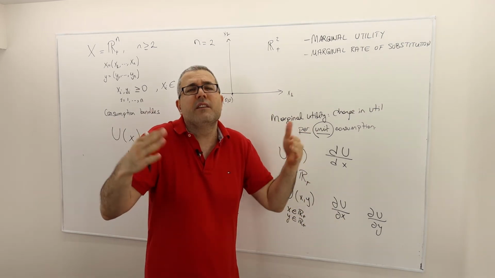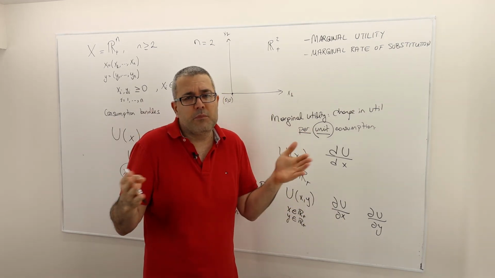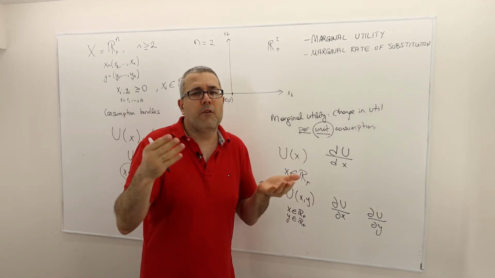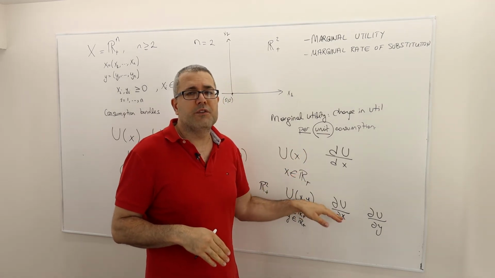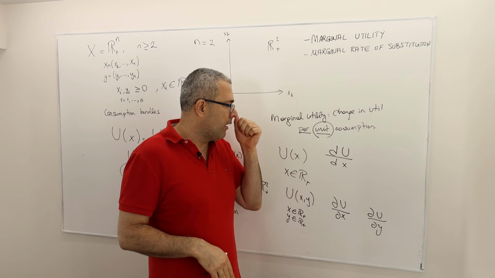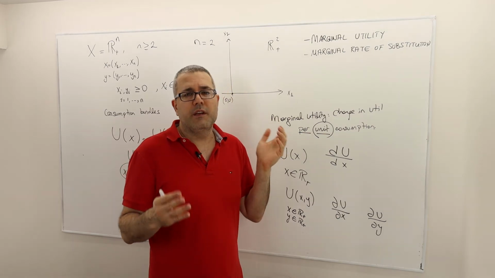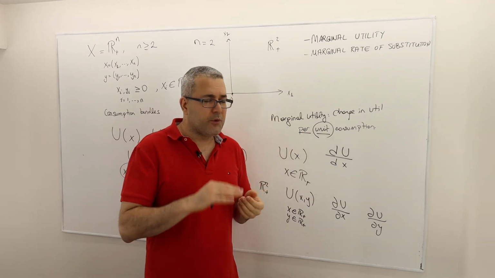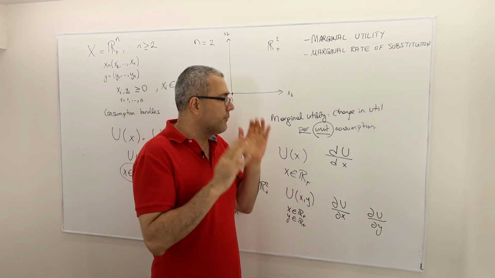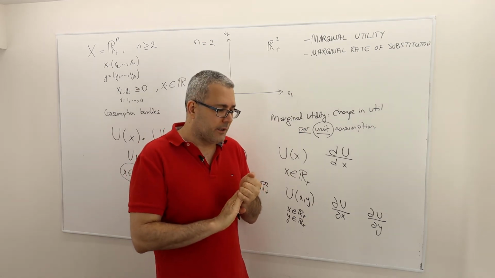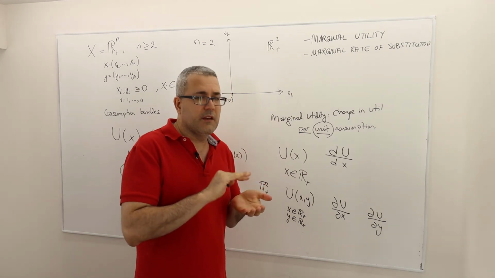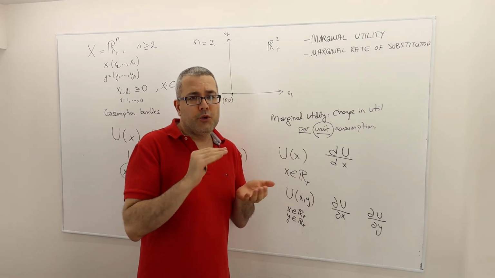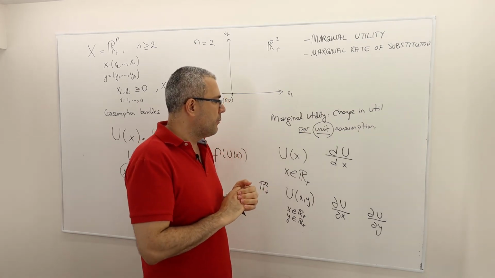Actually, it's a standard definition in mathematics. This is simply the slope of the function with respect to one variable. So the marginal utility is nothing but the change in the function per unit change in the parameter.